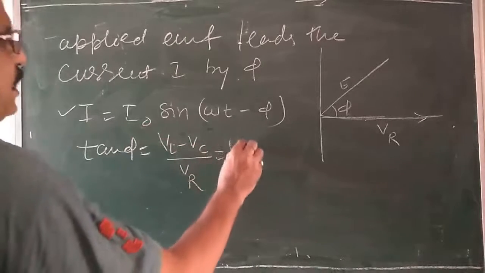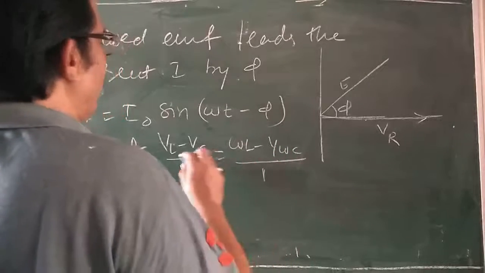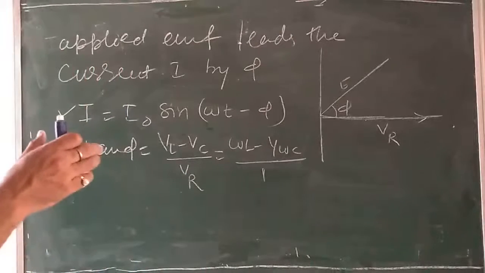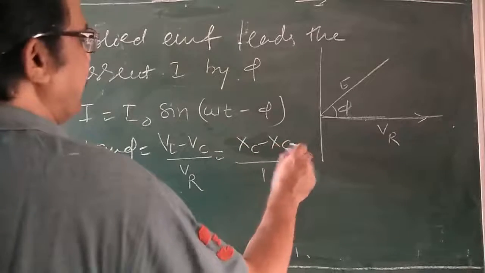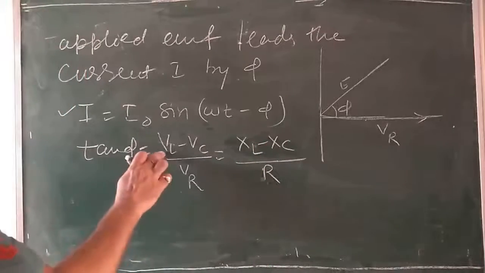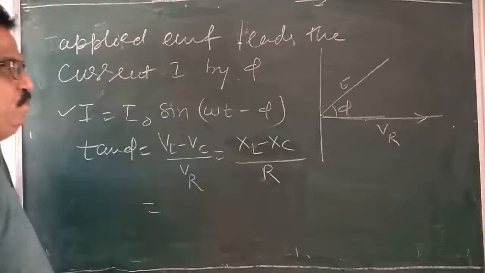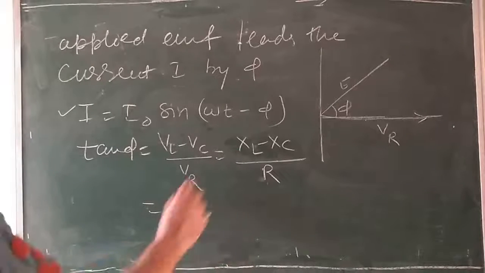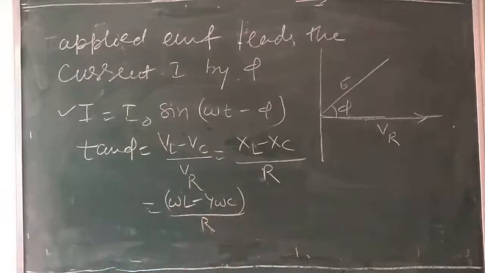So I can write omega L minus 1 by omega C, divided by R. VL is omega L, VC is 1 by omega C, or first you can write here XL minus XC divided by R. If you put it here, IXL, IXC and IR, I cancels. Then here you can put this is omega L, this is 1 by omega C, and here is R. So these are the different formulas which will be used on the numerical side.